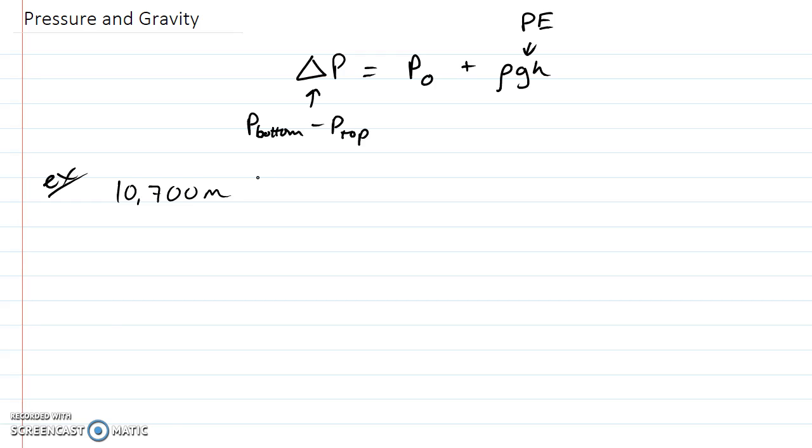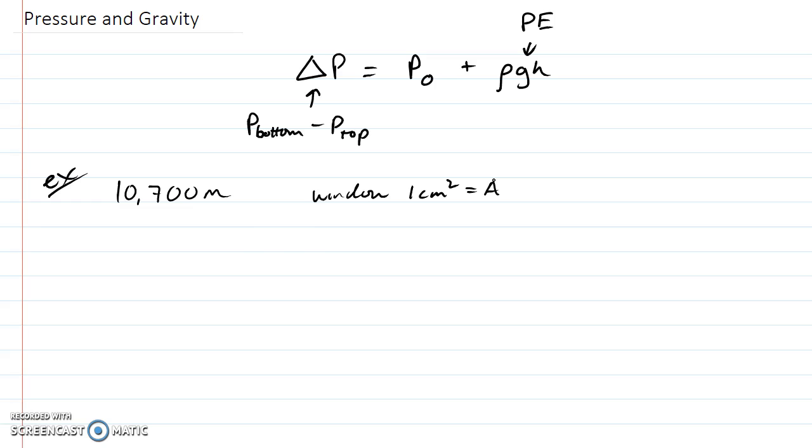So that's only like 12 feet. This is 10,700 meters. And they wanted to know if they have a window that is exactly 1 centimeter squared in area, then what is the amount of force or pressure being pushed against that window?